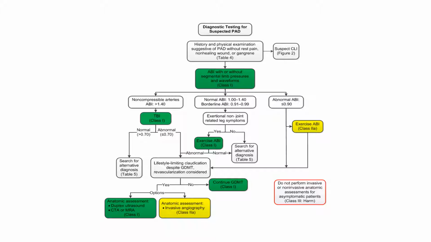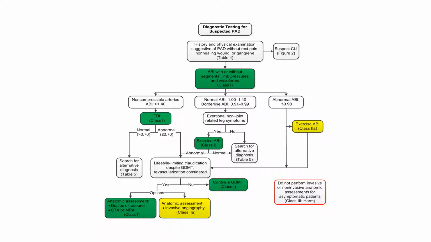We want to suspect critical limb ischemia, which we'll show you on the next slide. An ABI is done with or without segmental limb pressures and waveforms. This is a test, an ABI, that is done in a physician's clinic or at the hospital. The ABI that we do in the home is a lot more simple than this.